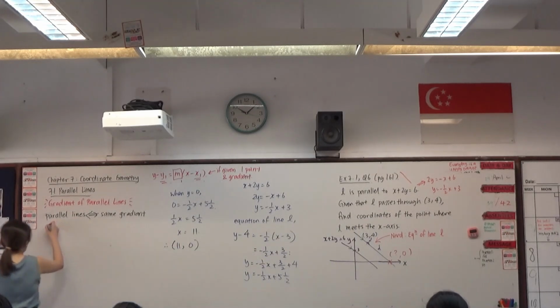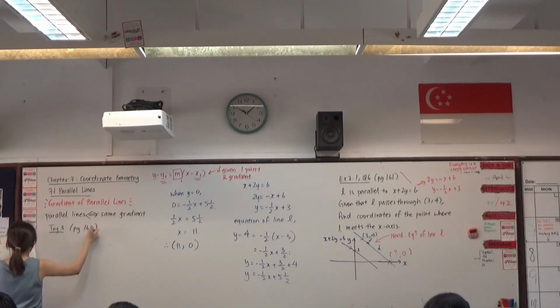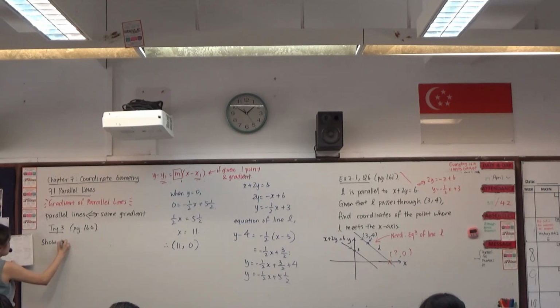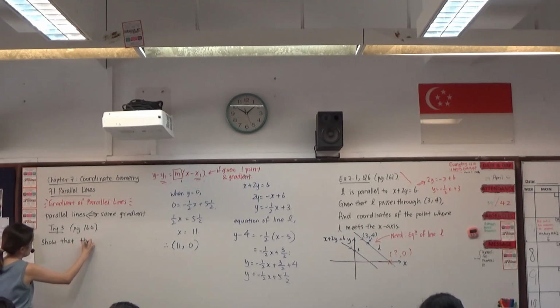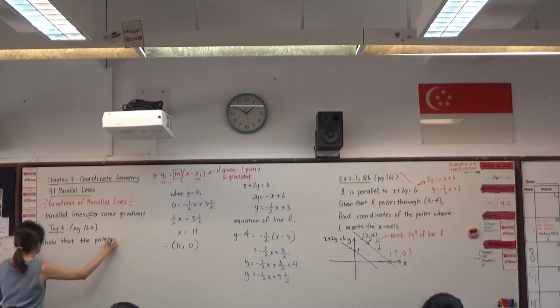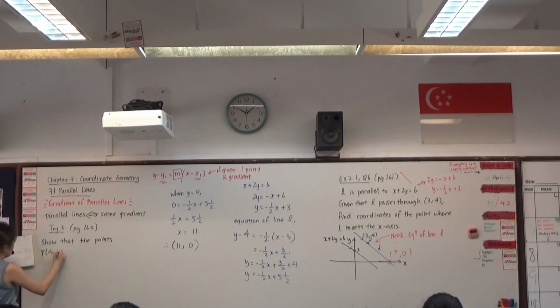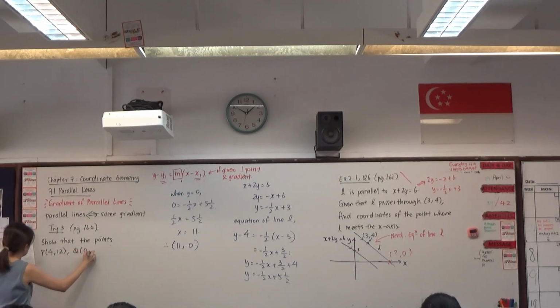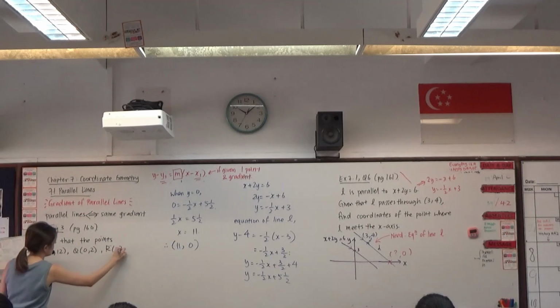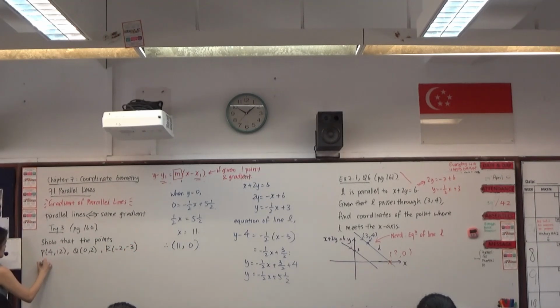I'm going to edit the question a little. Let's just directly show that the points are collinear.